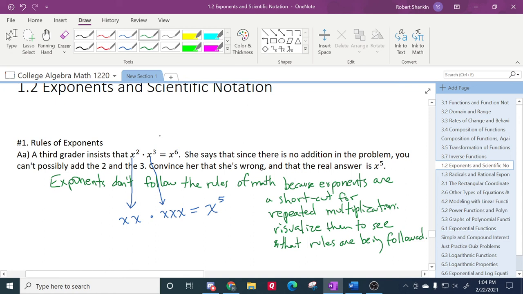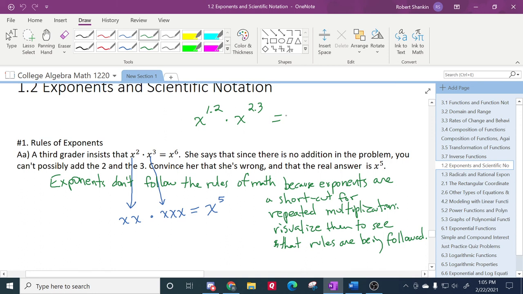And particularly, we came up with things like x to the 1.2 times x to the 2.3. You can't write out 1.2 x's, and you can't write out 2.3 x's. So what I'd have to do is make the problem simpler, and then I could visualize it, and the rule made sense.